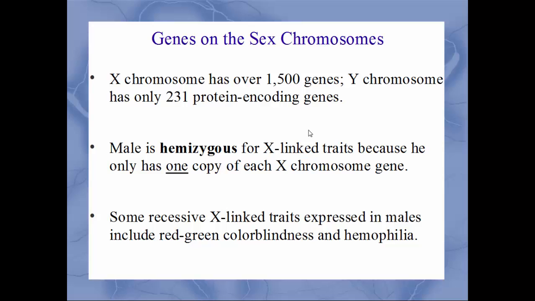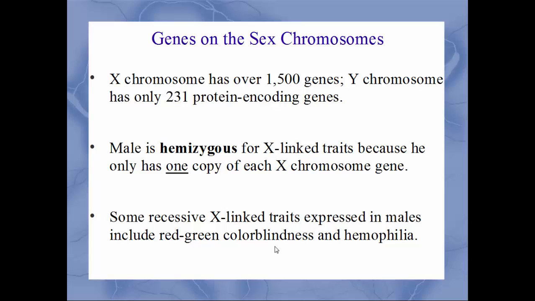There's nothing possible to have on the Y to mask what's on the X chromosome. So there's only one copy there. So you can't have two dominant or two recessive or one dominant, one recessive. Whatever's going to be on that X chromosome, if it's sex-linked, will automatically be passed on because there's nothing on the Y to counteract that. And some good examples of this are hemophilia and red-green color blindness.